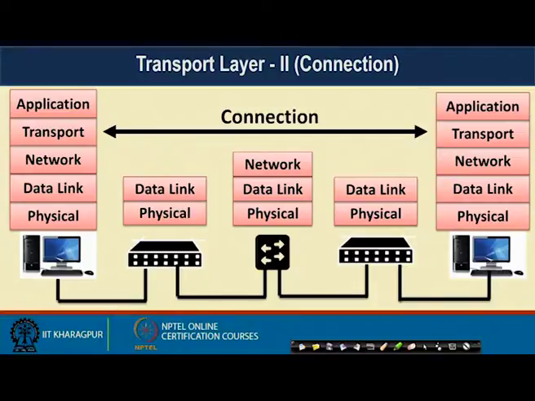So, in the last class we have seen that whenever you are setting up a logical connection between two end hosts of a network, the challenge is the delayed duplicate packets. The delayed duplicate packets may create confusion during the connection establishment phase.